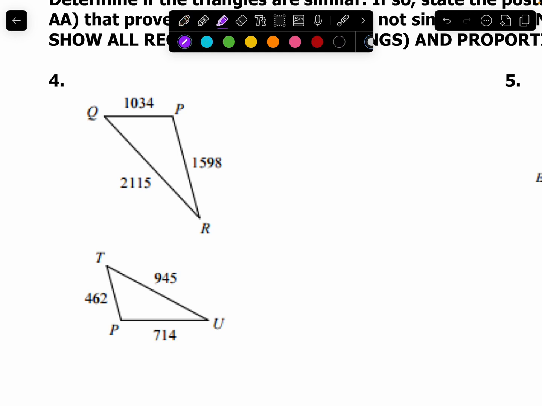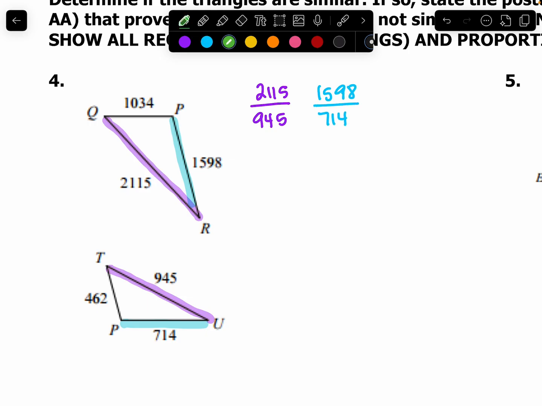All right, so I'm going to start with the longest side just because I feel like that's easier. And the longest side, so that's going to be our first ratio. And we're going to go with the second longest sides on both triangles. And then the third longest sides.